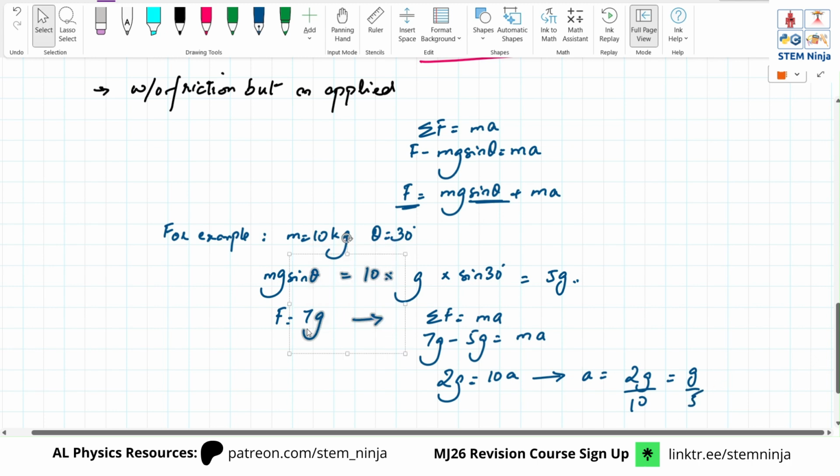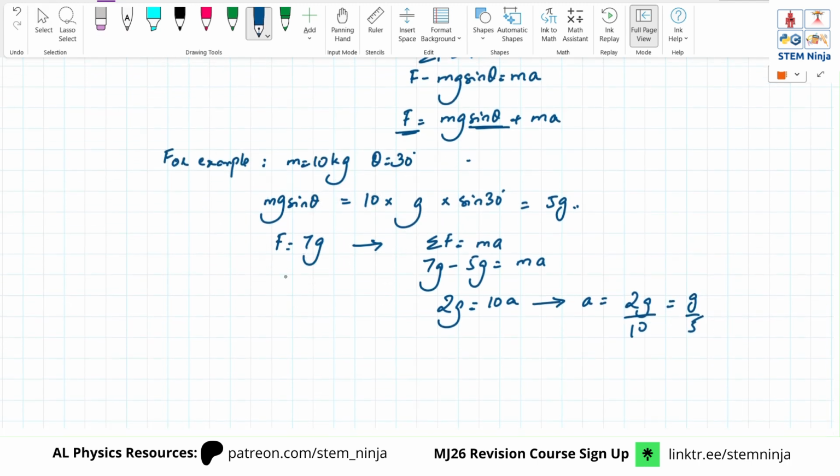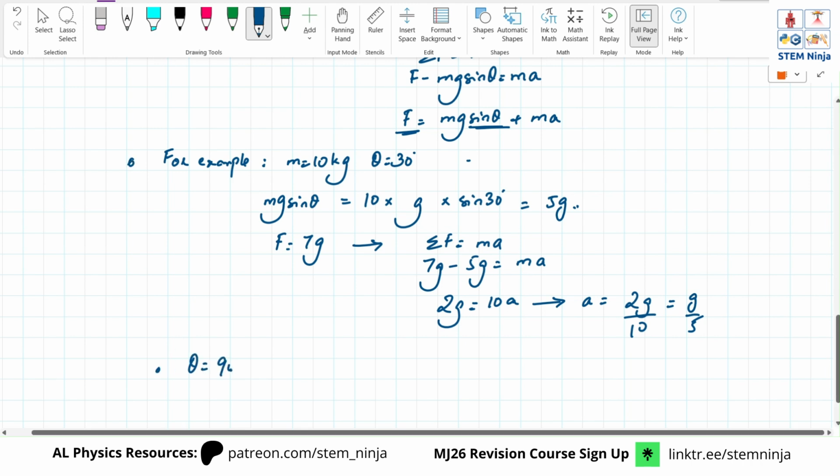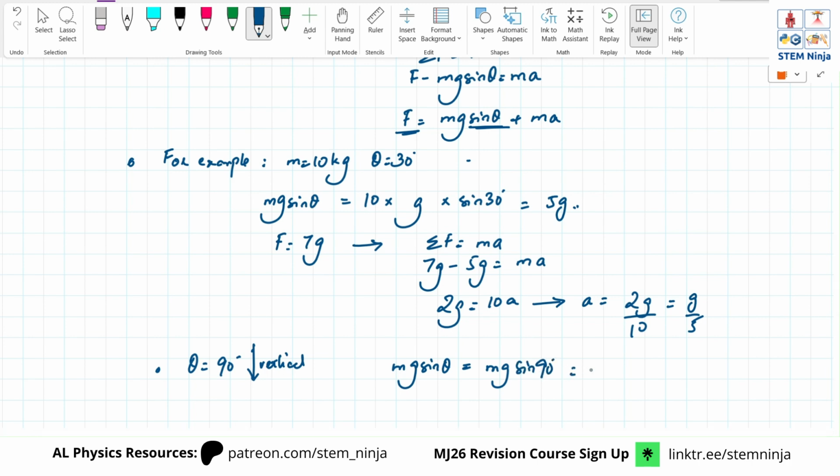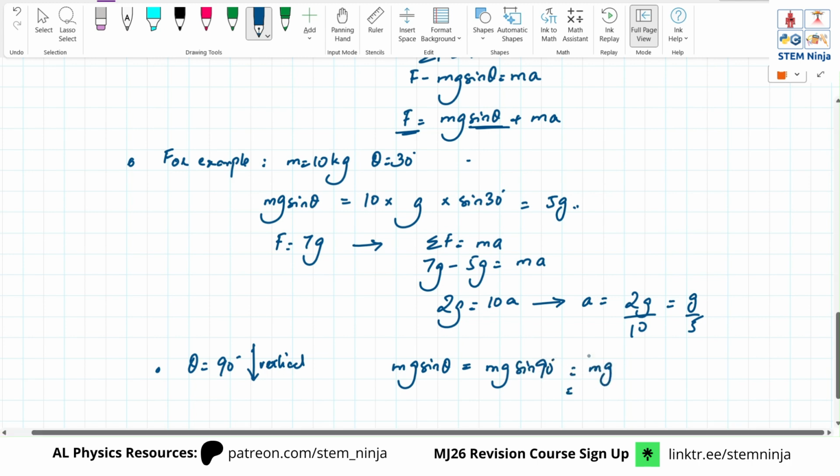Now, contrast this with if theta was 90 degrees. That means vertical. So see what happens. mg sine theta would have been simply equal to mg sine 90. Sine 90 is 1, so that would have been mg, so 10 times 10g.